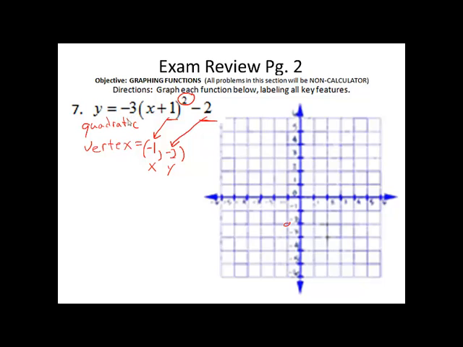Now, also like the slope on our absolute value, we have what we'll call our change in our quadratic, and that is going to be this number right here.